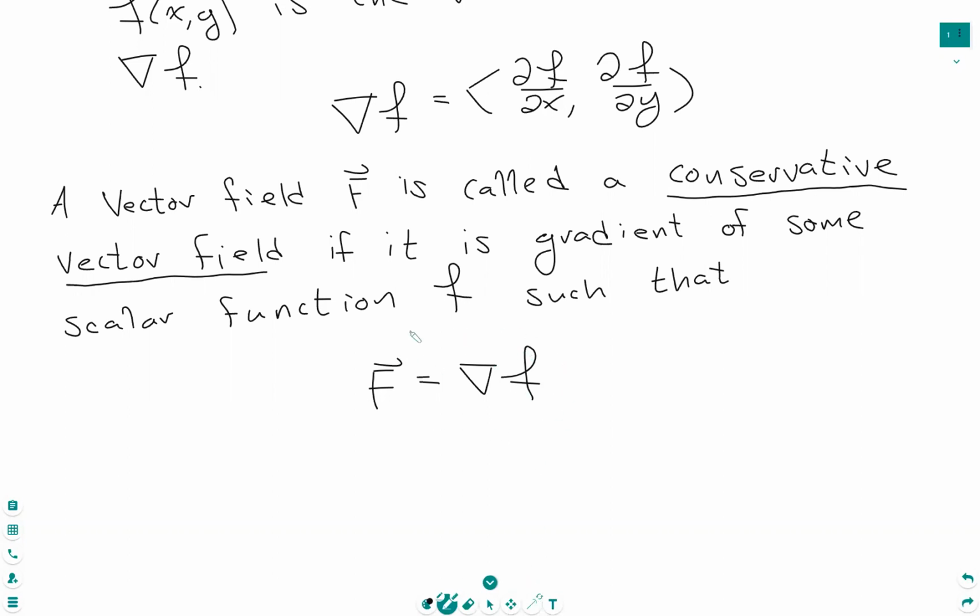So if we ever have this property where the vector field can be written in this way, it is a conservative vector field. And those are going to have a lot of nice properties later on in this chapter.